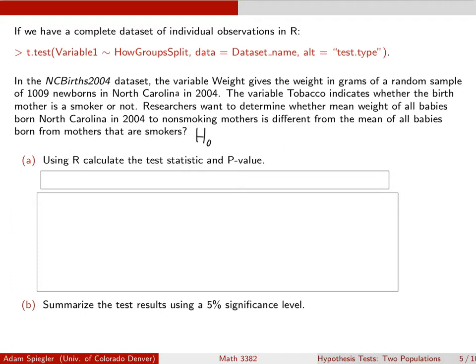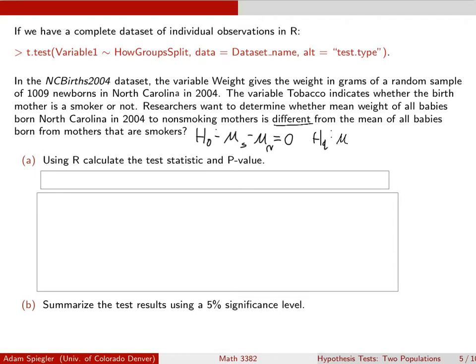So let me just state the hypotheses here. The null hypothesis would be that the mean baby weight of the smoking group minus the mean baby weight for the control group, I'll say the non-smoking group, is 0. Compare this to the claim in the alternative hypothesis, that there's some difference in these groups, not necessarily that one is bigger than the other.